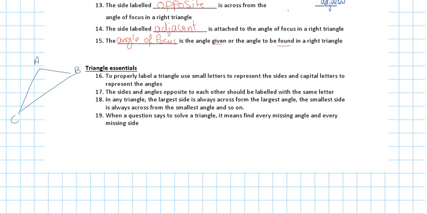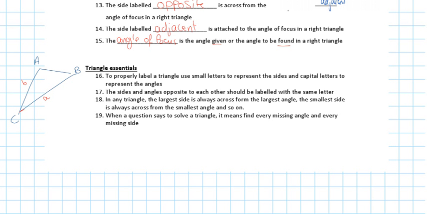Now, if you look at the sides, we're going to label the side that's across from angle A with small a. Across from angle B, it's going to be named side b. Across from angle C, it's going to be labeled side c.